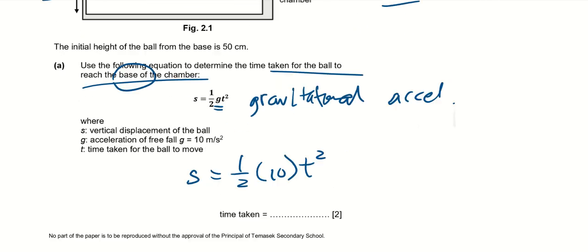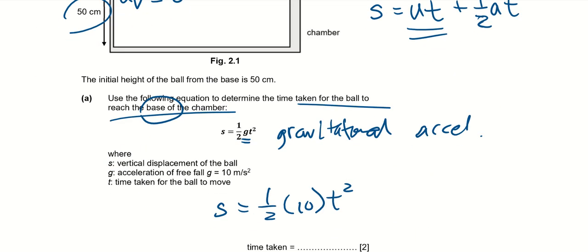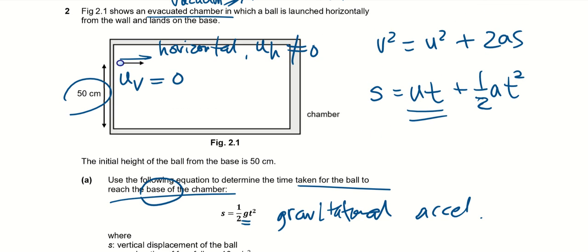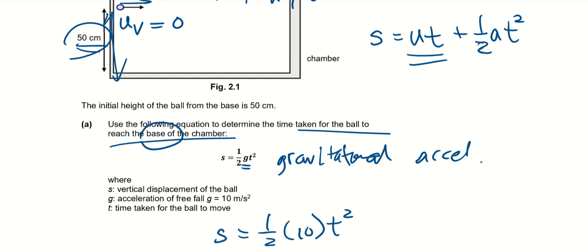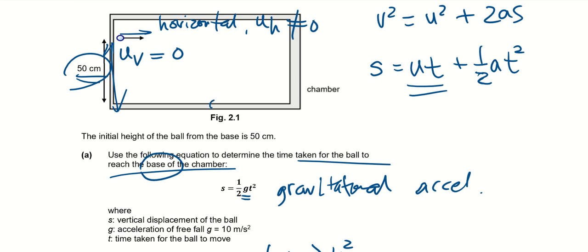You need to know the S. How do we know the S? 50 cm, right? Because it is vertically. Correct? In the end, where does it end up? At the bottom, right? The vertical displacement is 50 cm.